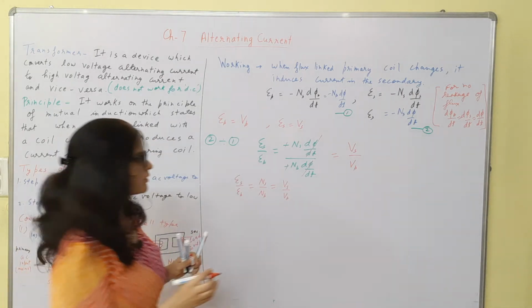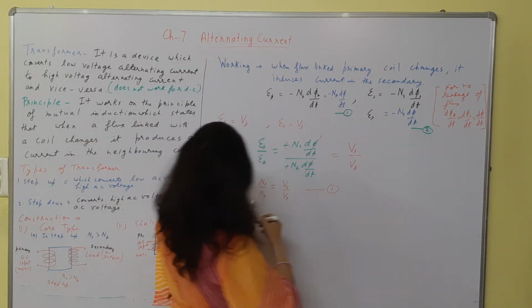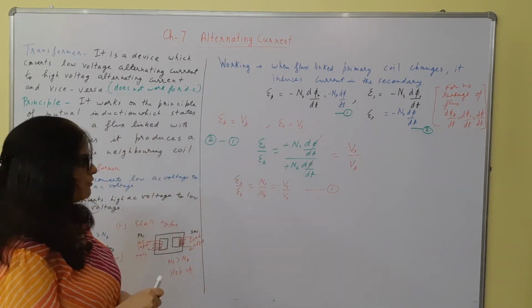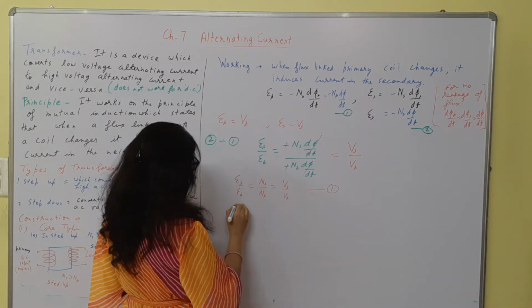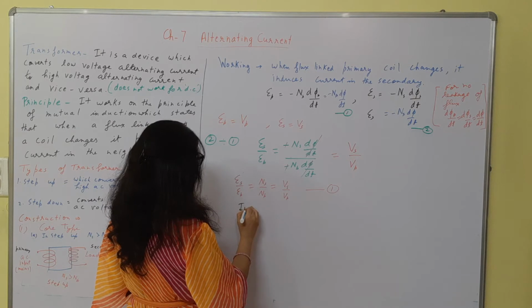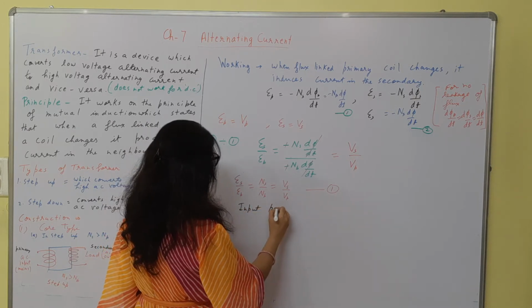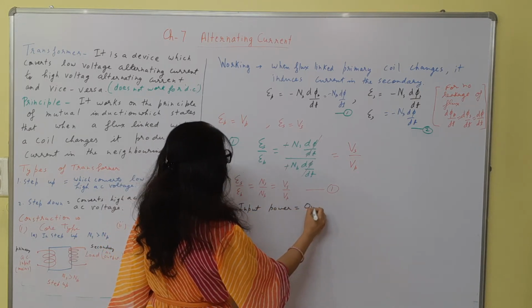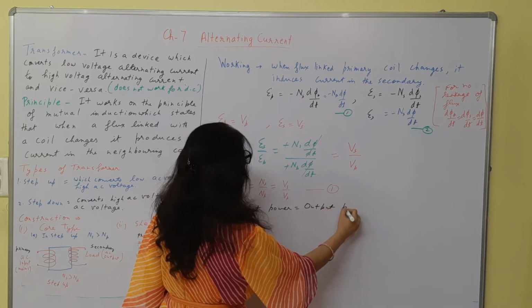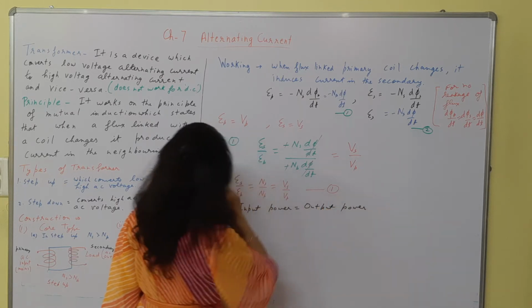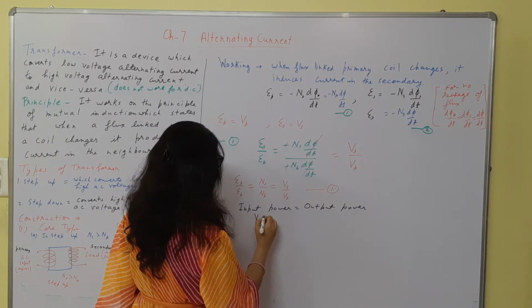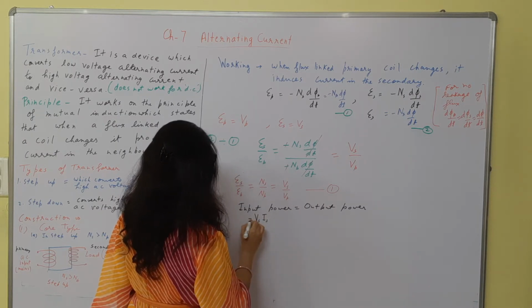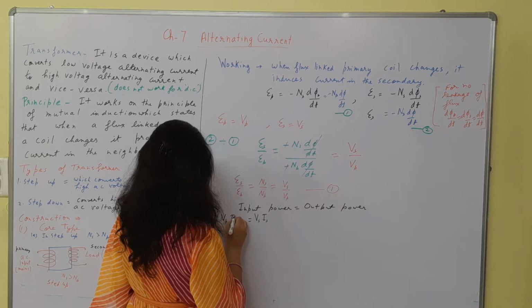So this is one important relation, and we consider an ideal case where input power is equal to output power. So this will be Vs Is is equal to Vp Ip.